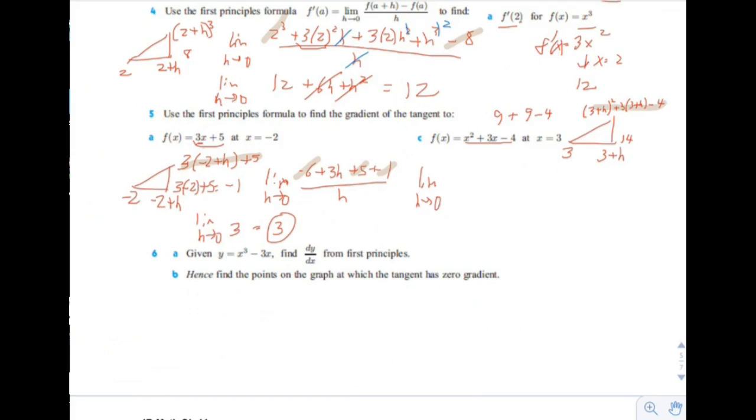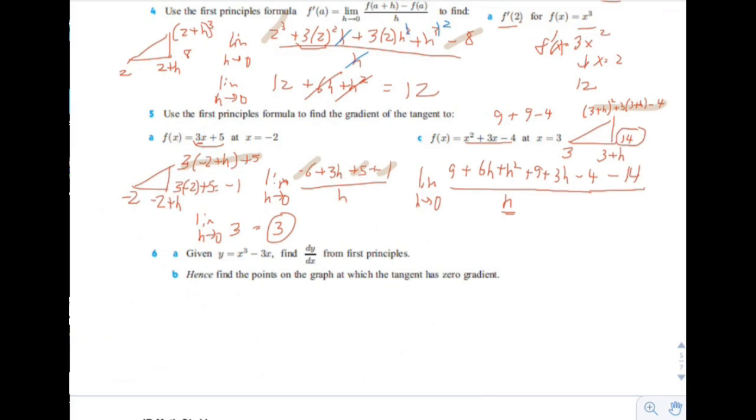So we'll get 3 squared, which is 9, plus 2 times 3 times h, which is 6h, plus h squared, and then we'll have plus 9 plus 3h minus 4. And then we subtract out this value, which is minus 14. And then in the denominator, we have 3 plus h minus 3, which would just leave you h.